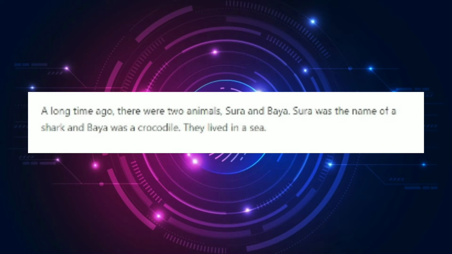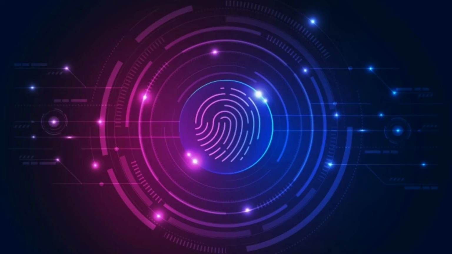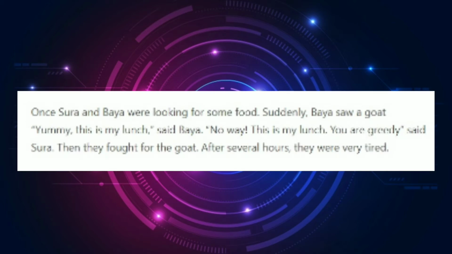Next, let's move to the second paragraph. Could you please read it silently? Thank you. From the second paragraph, it's the dilemma or problem that comes out.